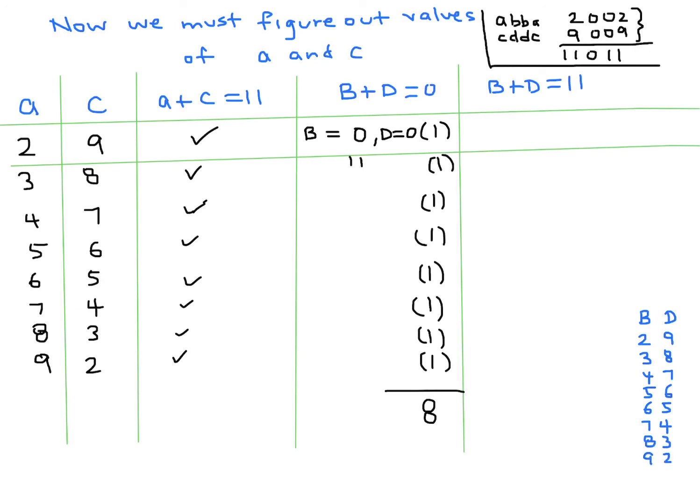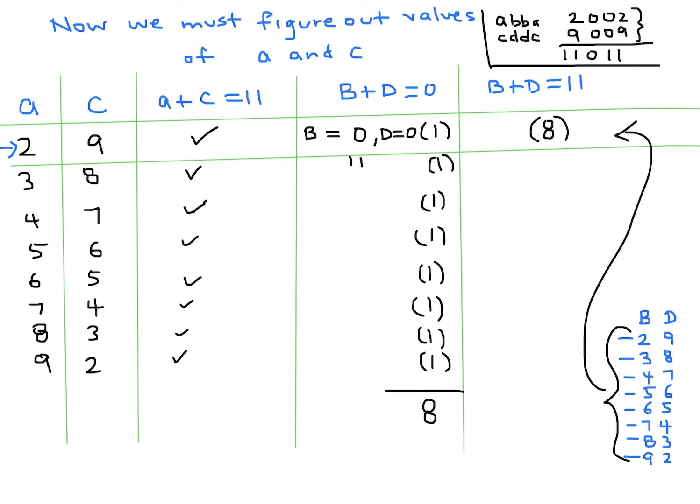So for each of these, for example, when A is 2 and C is 9, each of these is going to give 1, 2, 3, 4, 5, 6, 7, 8 possibilities for B plus D equal to 11. See what I mean? You just have to take all of these and throw them into there.